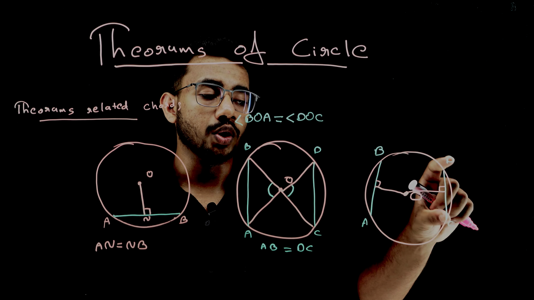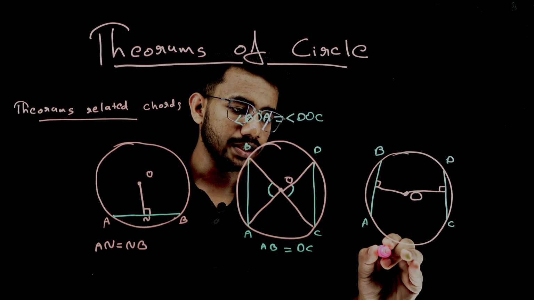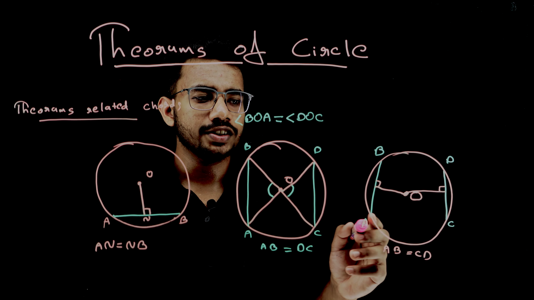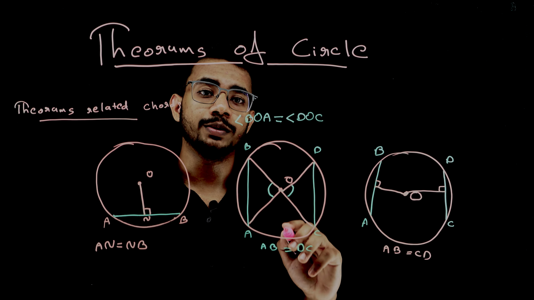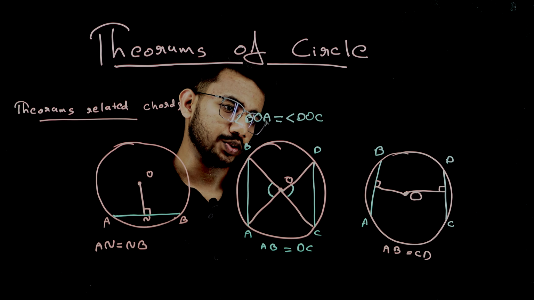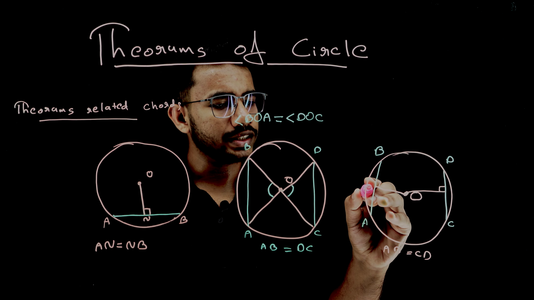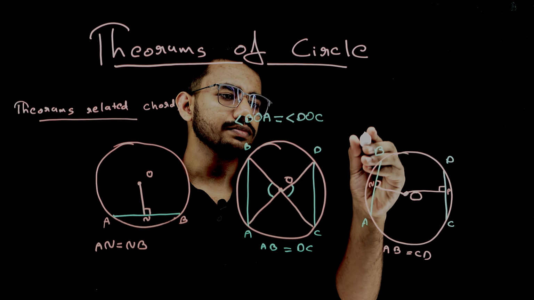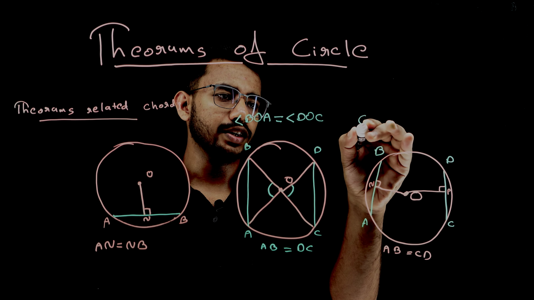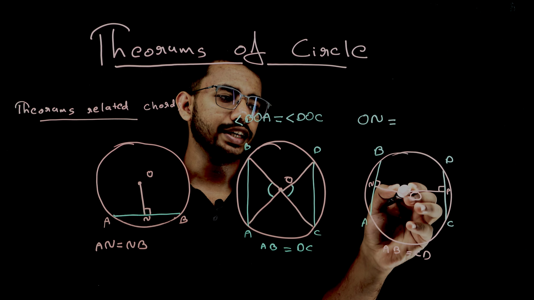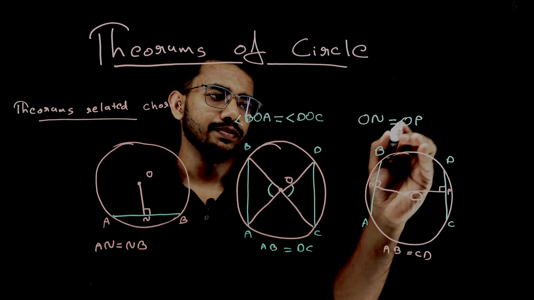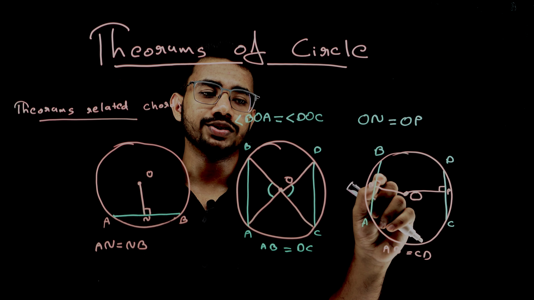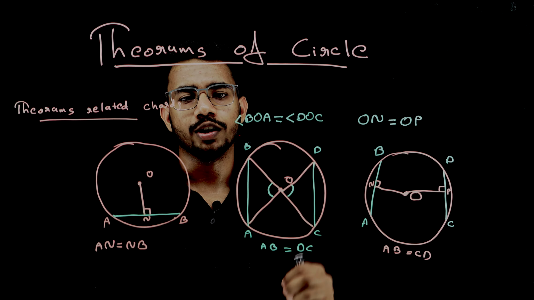If I'm having two chords of equal length, that is AB equal to CD, the distance of the chord from the center will be the same. So if I'm naming this as N and this as P, then I can say that the line ON is the same as OP. So as a definition, I can say that two equal chords of a circle are equidistant from the center of the circle itself. That is all about the third theorem.